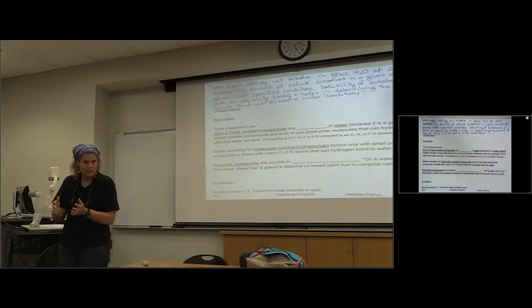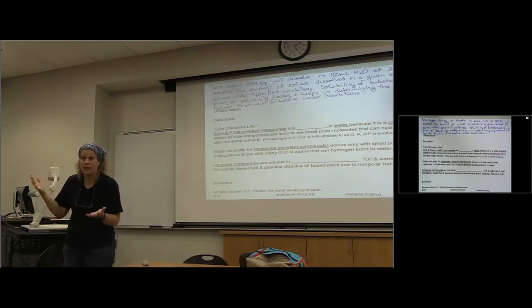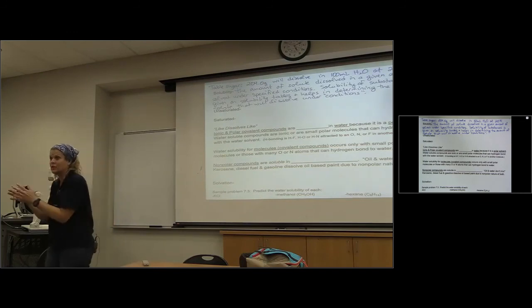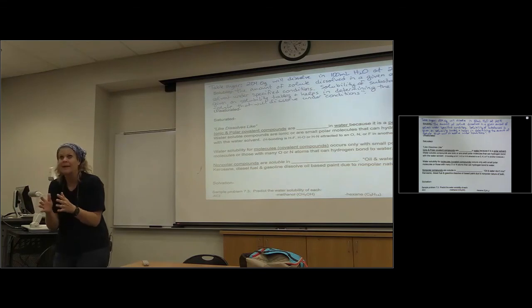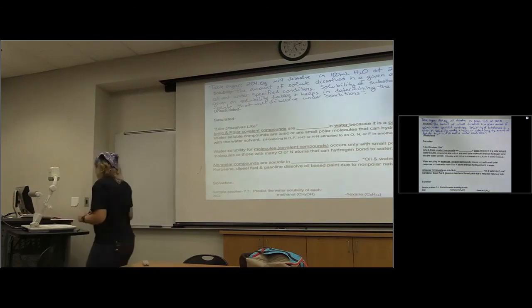That's a saturated solution. Now, what would an unsaturated solution be in relative terms? I haven't written this down, but can we common sense say what unsaturated would be? If 204 grams is saturated, what would unsaturated be? Less than that. Does that make sense? What would supersaturated be? More than that. Okay? So let's write the terms down.